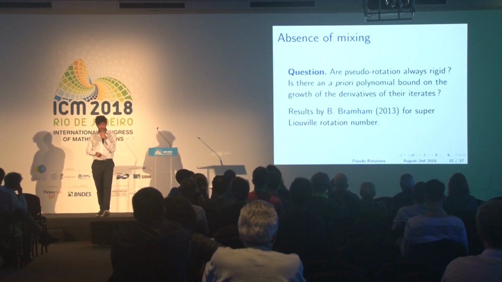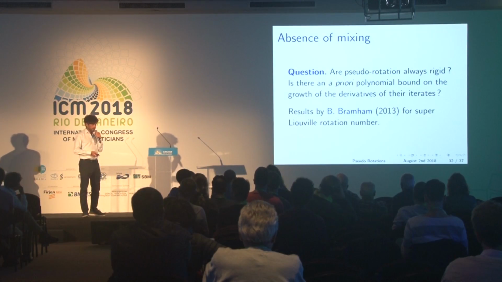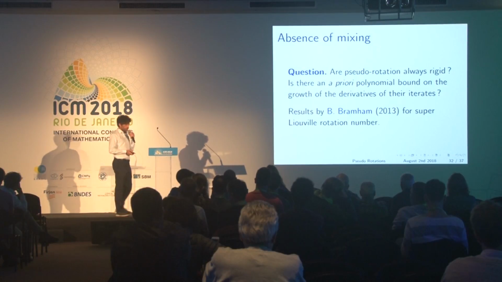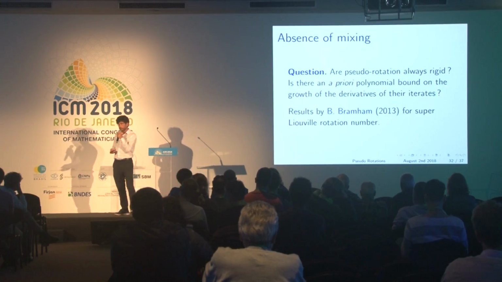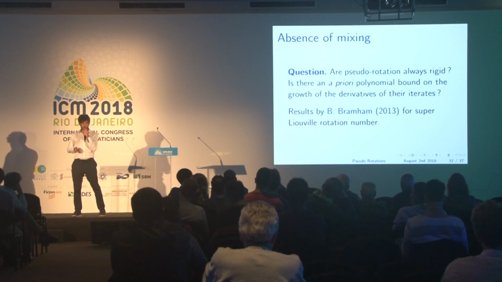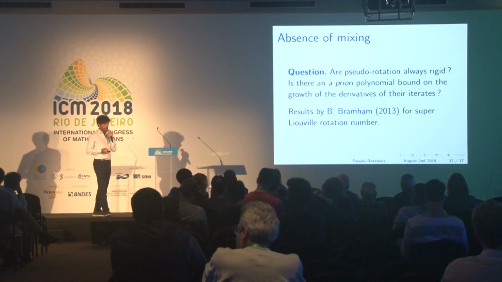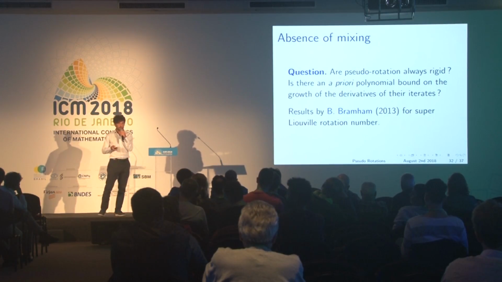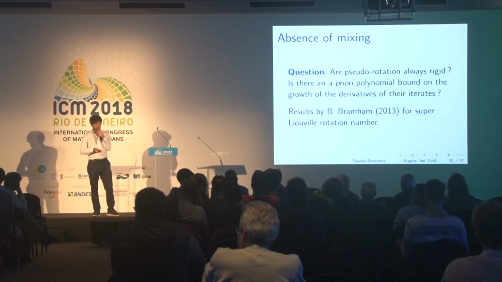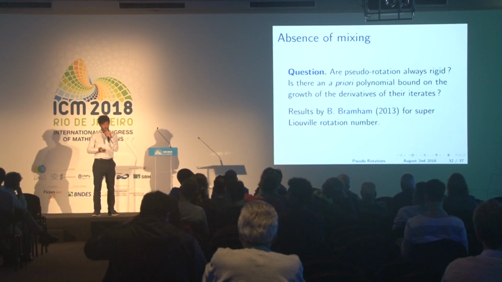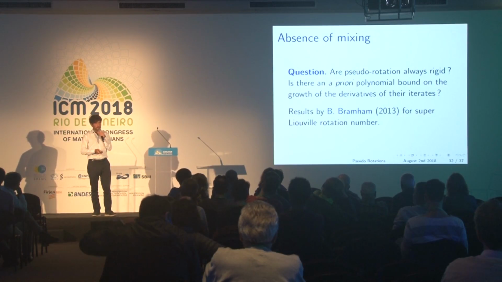There are results by Bramham, a fundamental breakthrough. He showed that when the rotation number of a pseudo-rotation is very Liouville, then the pseudo-rotation is actually Anosov-Katok in a weak sense, and it is not mixing.